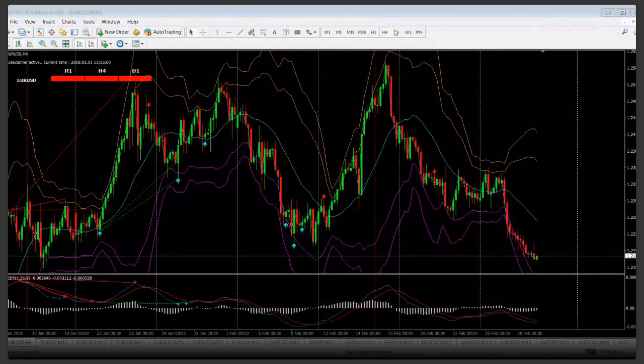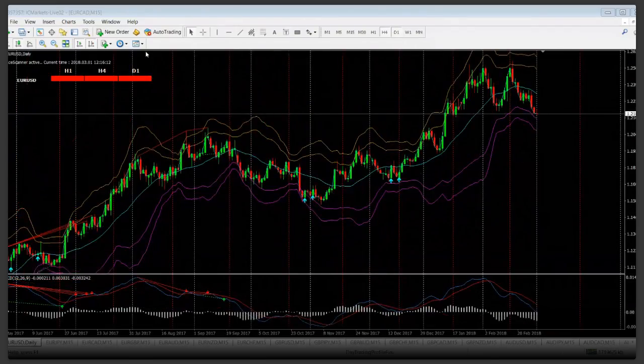Euro USD, same thing. See the price action on these small candles here. As it comes down, nice drop, then it's getting smaller and smaller and smaller into this zone here. But I do suspect it to break out of this area.